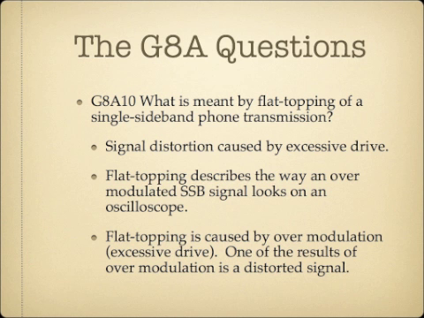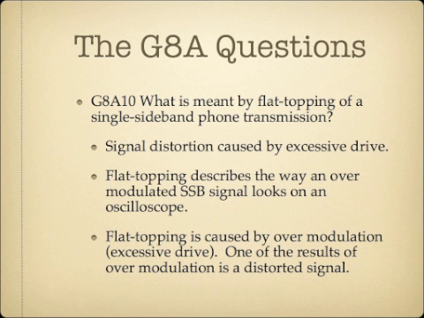What is meant by flat topping of a single sideband phone transmission? Well, what this means is signal distortion caused by excessive drive. And flat topping describes the way an overmodulated single sideband signal looks on an oscilloscope.